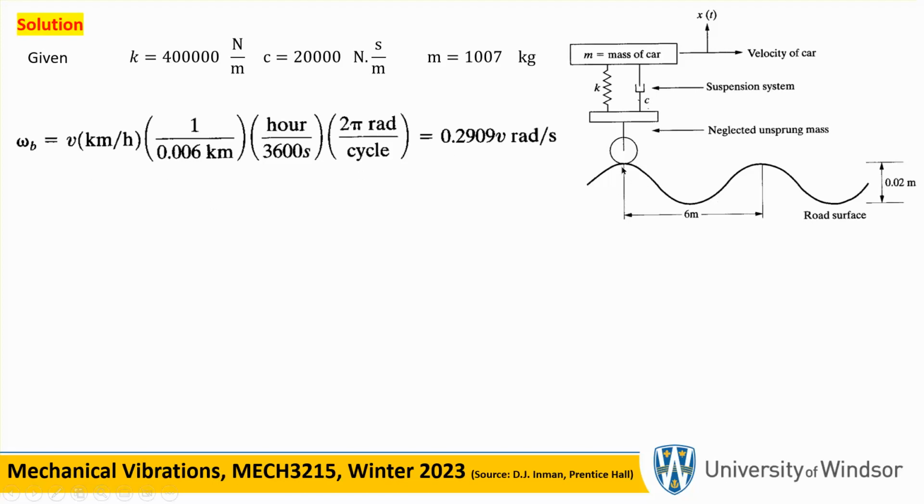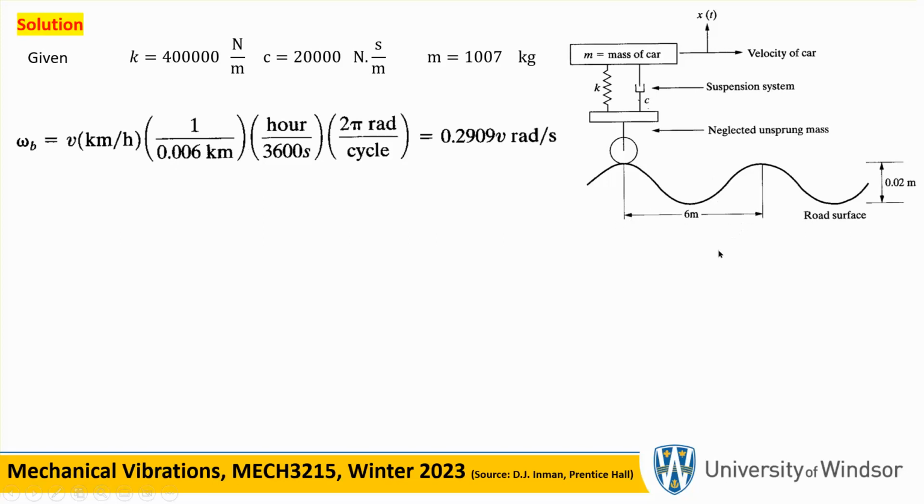Basically, if you want to know the frequency, here's what you do. You find the period. In other words, given the speed of the car, how much time does it take to go from here to here, 6 meters? Obviously you take the distance divided by the speed, assuming the conversions are made correctly. That will give you the period of oscillation.